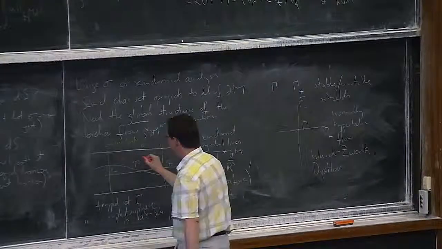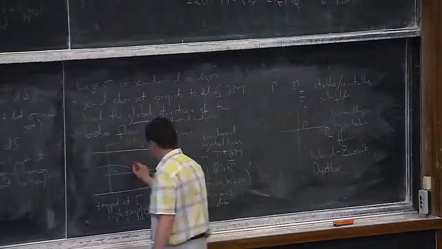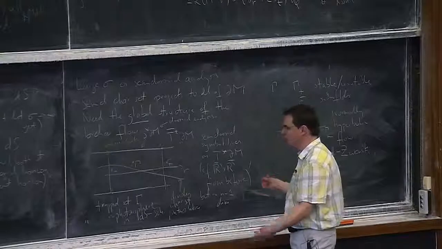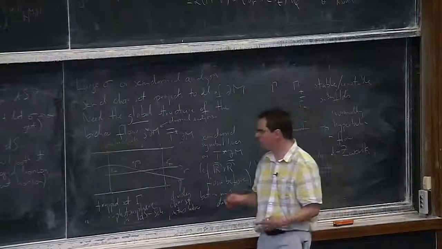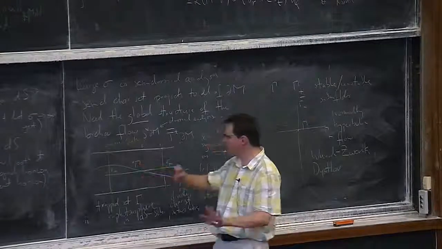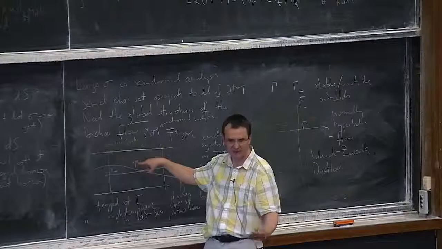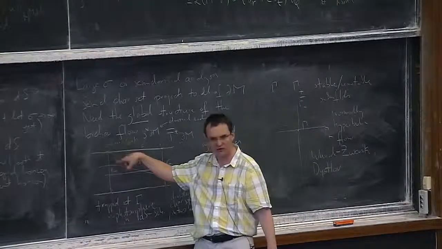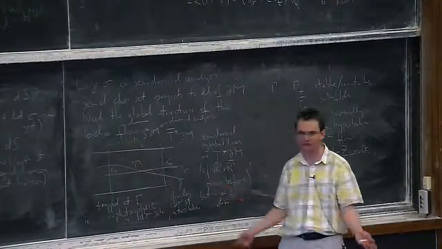The net point is that all the bicharacteristics like these will all escape to regions of a priori control.